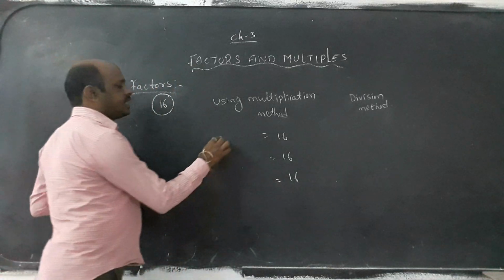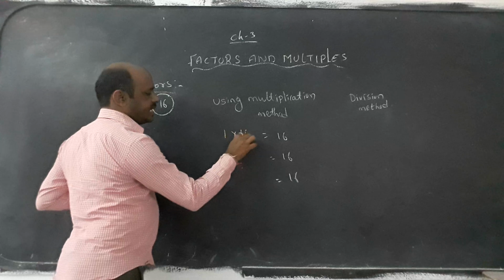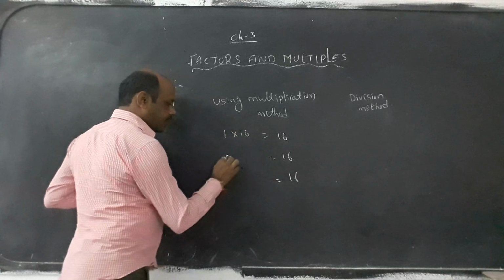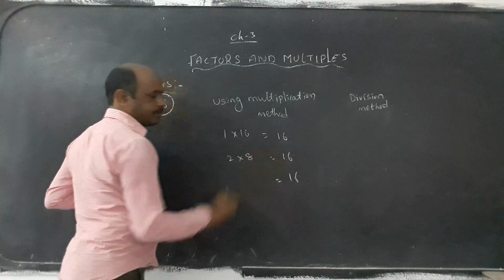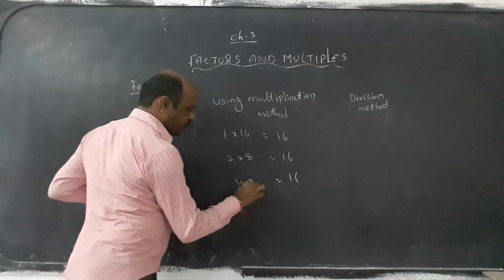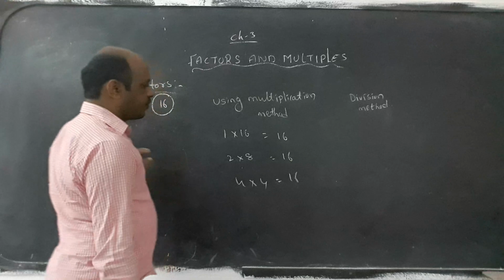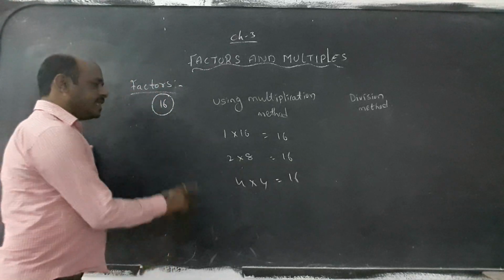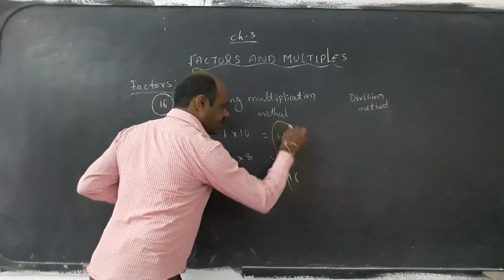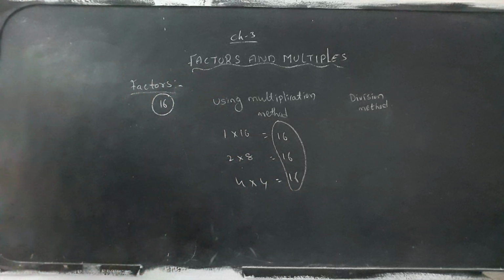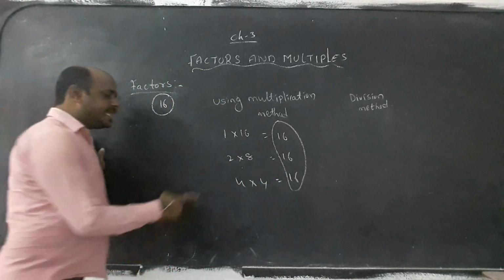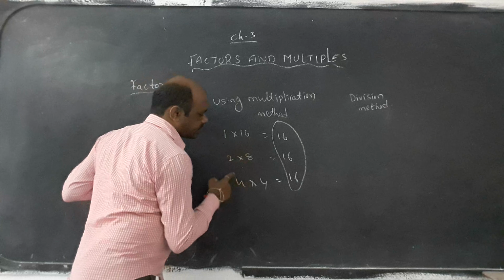See which table we will go to. 1 sixteen is 16, 2 eights are 16, 4 fours are 16. Here the answer is the same, so we take it only one time.